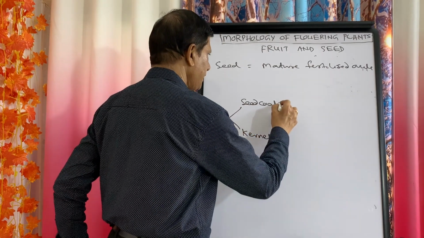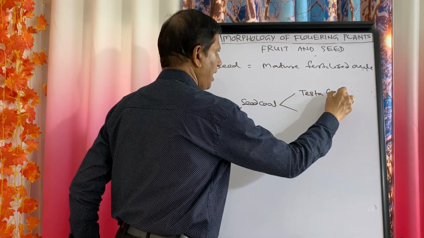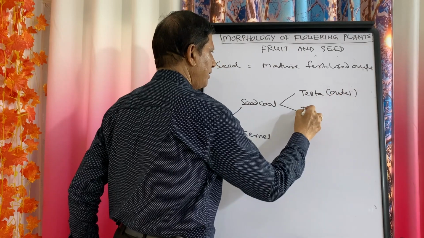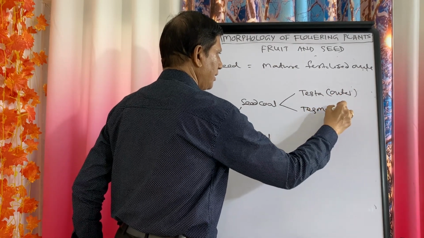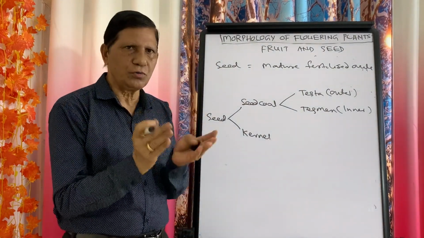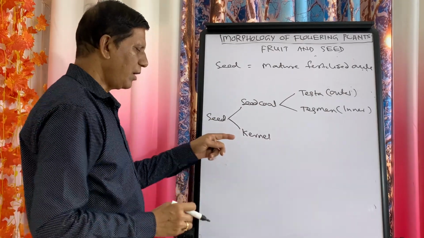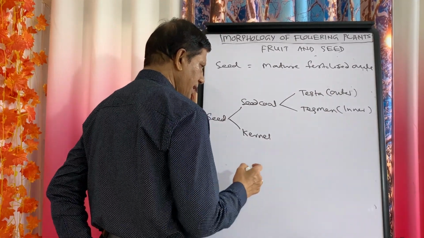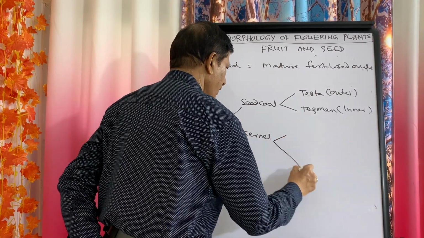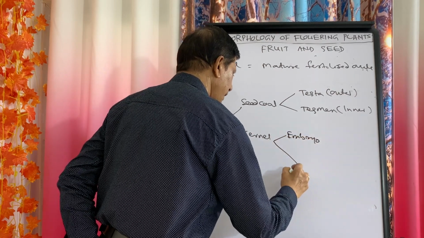The seed coat is again divided into testa, the outer part, and tegmen, the inner part. That means the seed coat has two layers. The outer is testa and the inner is tegmen. Now the kernel is again divided into embryo and endosperm.